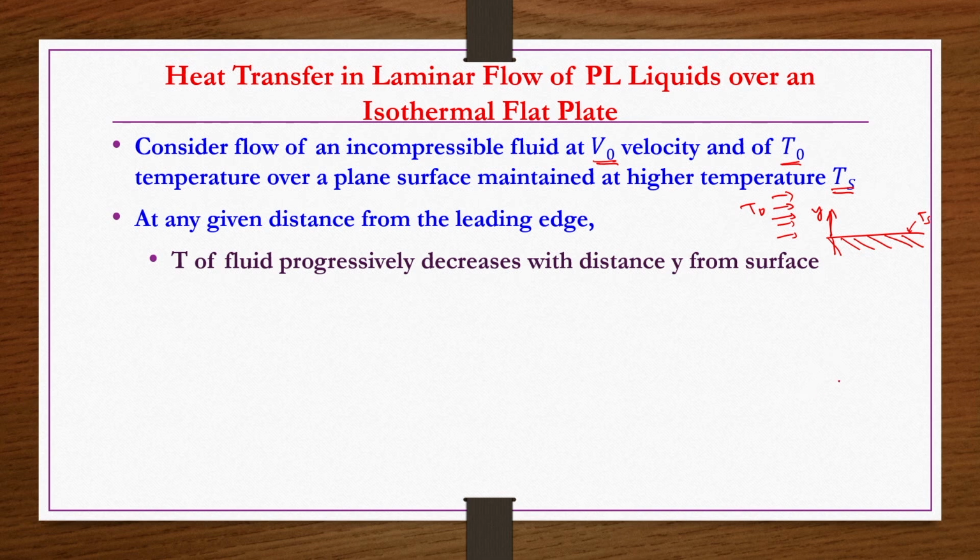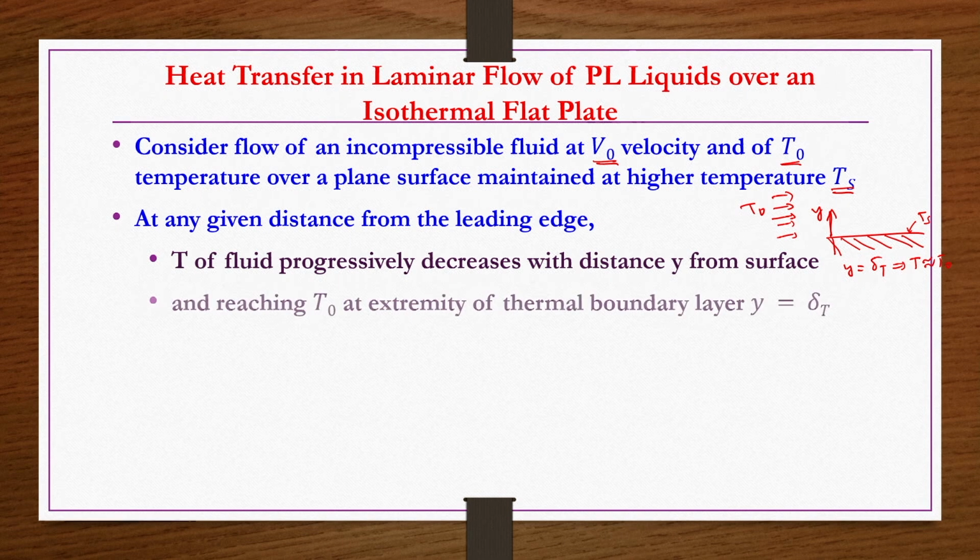Okay. That infinite distance in reality we cannot have. So, we take that location delta T, which is a function of x, such that when y equals delta T, the temperature becomes approximately equal to T naught, reaching T naught at the extremity of the thermal boundary layer, that is at y equals delta T. Theoretically it should occur at infinite distance, but that is not possible in reality.